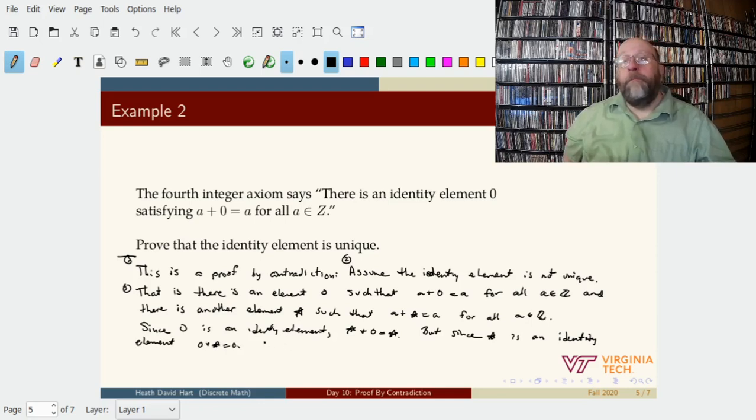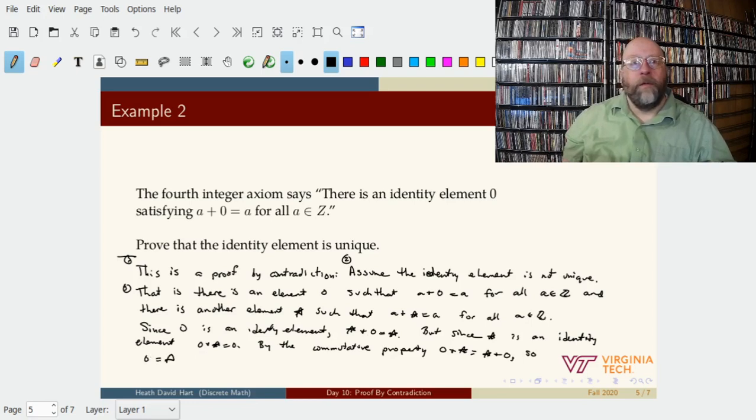But we have another axiom called the commutative property. By the commutative property, 0 plus star equals star plus 0. And so 0 equals star. This is what 0 plus star is, and this is what star plus 0 is, and they're equal to each other.